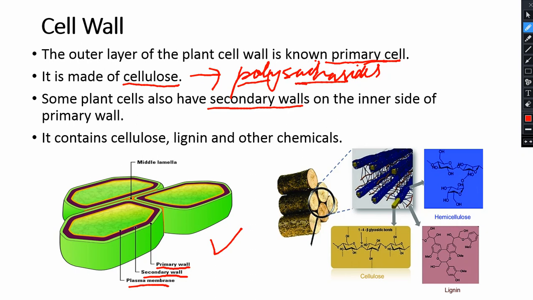As we know that the primary wall is made up of cellulose, what is the secondary wall made up of? The secondary wall contains cellulose, and also lignin, and some other chemicals. The secondary wall, as I told you, is mostly present in the woody area of the tree, mostly in the bark.